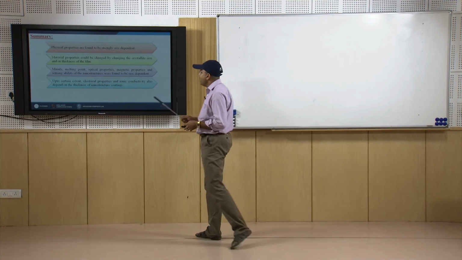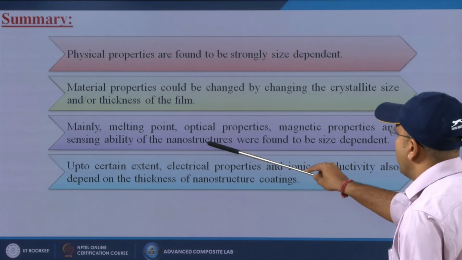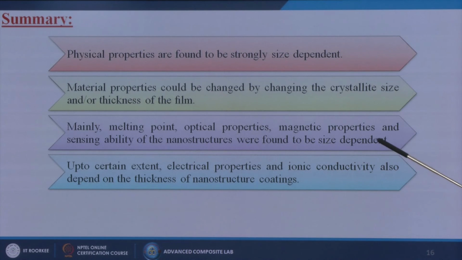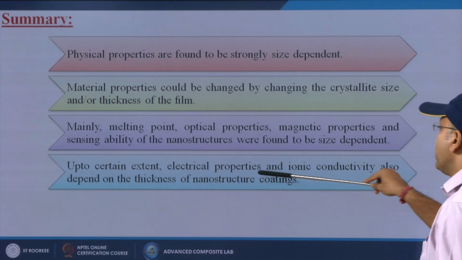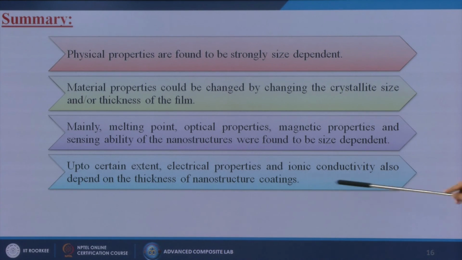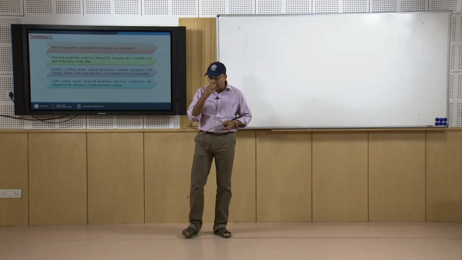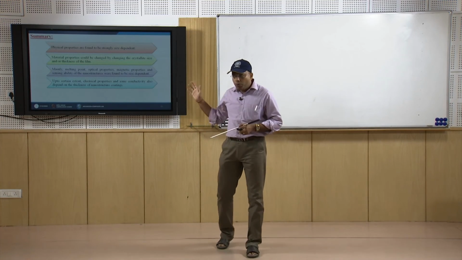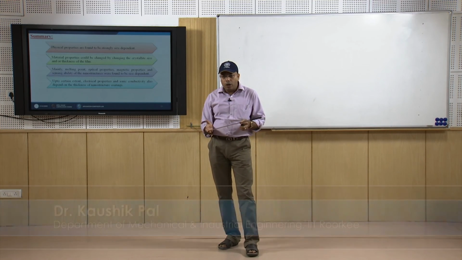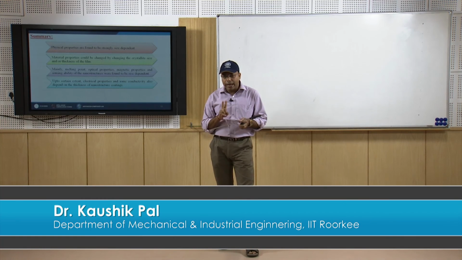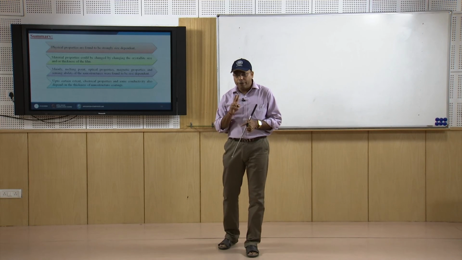Mainly melting point, optical properties, magnetic properties and sensing ability of the nanostructures were found to be size dependent. In this lecture, to a certain extent, electrical properties and ionic conductivity also depend on the thickness of nanostructure coatings. This is the main motto of this lecture: overall, only two properties can be the vital parameters by which we get enhanced properties of any nanocomposites.